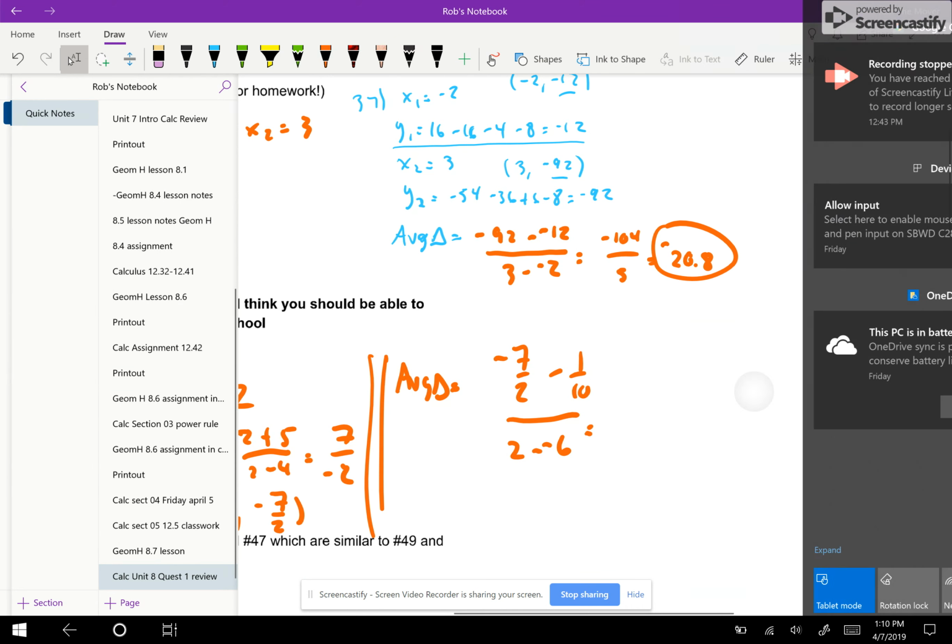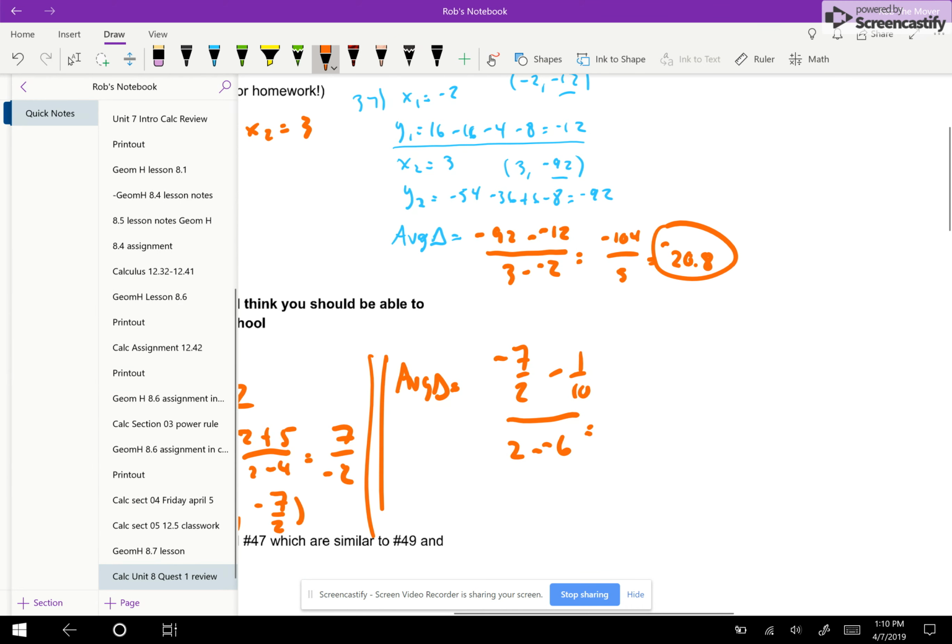So in order to make this the same fraction, I need to have tenths. So I need to multiply the first one times 5 on the top and 5 on the bottom. That gives me negative 35 over 10 minus 1 over 10. And this 2 minus negative 6 becomes 2 plus 6, which is 8.